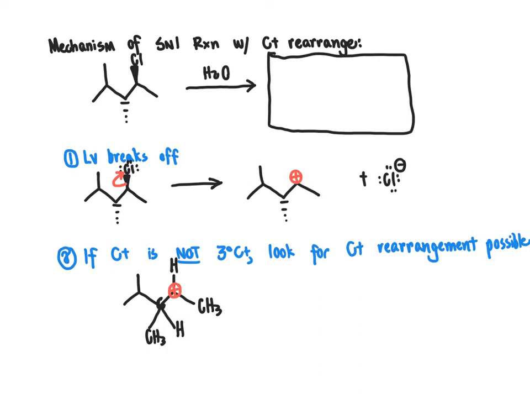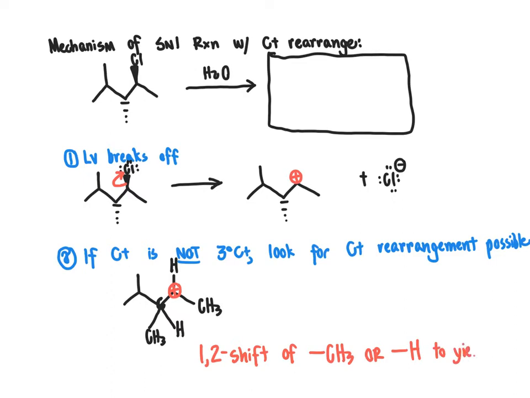So if we can do a so-called 1-2 shift to move a hydrogen or a methyl group to yield a more stable carbocation, we are going to do that. We call this a 1-2 shift of a methyl group as well as the electrons that are bonded to that, so I'm showing the covalent bond there, or a hydrogen, which we call a hydride shift because it's a hydrogen plus its electrons.